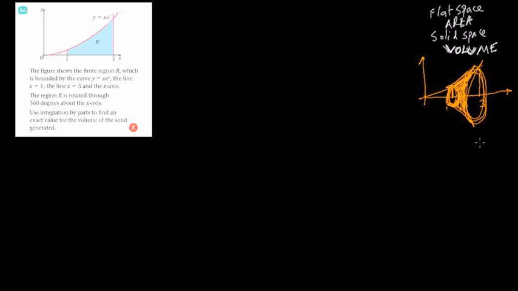The rule for finding the volume: think of this like a cylinder. Whenever you rotate something, it's like a cylinder, and this is the x-axis of the cylinder from limit a to limit b, and this is called dx, and the radius of the cylinder is y. So the volume of the cylinder is pi r squared h.